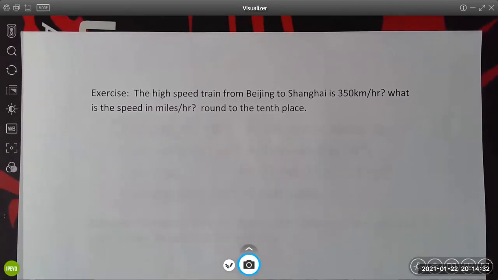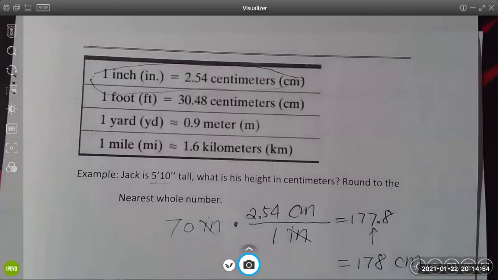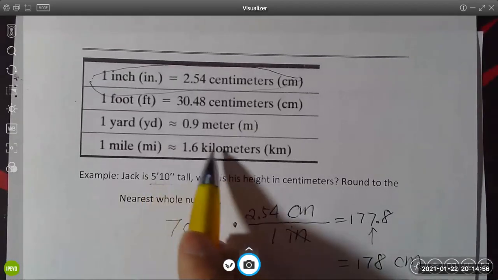So another one. The high-speed train from Beijing to Shanghai is 350 kilometers per hour. What is the speed in miles per hour? So we want to convert the speed from kilometers per hour to miles per hour and round to the 10th place. Let's say we do have this conversion between mile and kilometers.